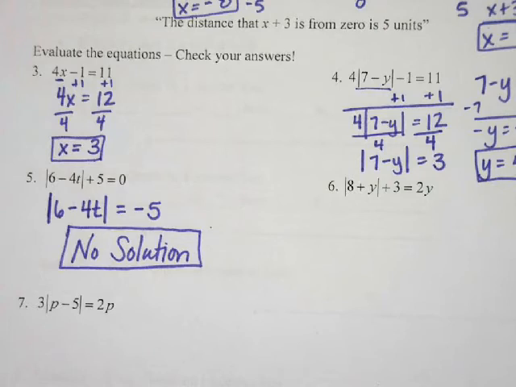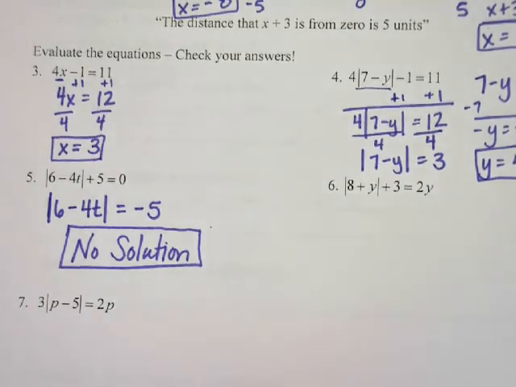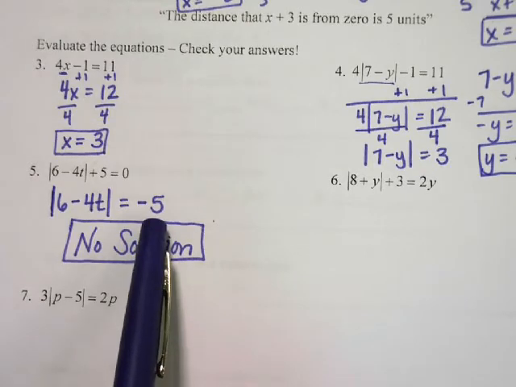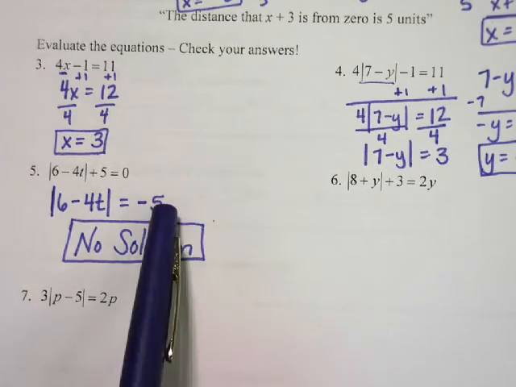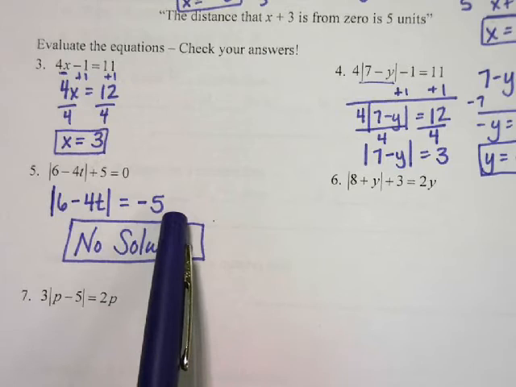So you'll get some funky answers and they won't work. Sound good? If you get an absolute value all by itself equaling just a negative number, then it's no solution. If this guy had a variable with it, we could still do it because that variable might be negative. Does that make sense?